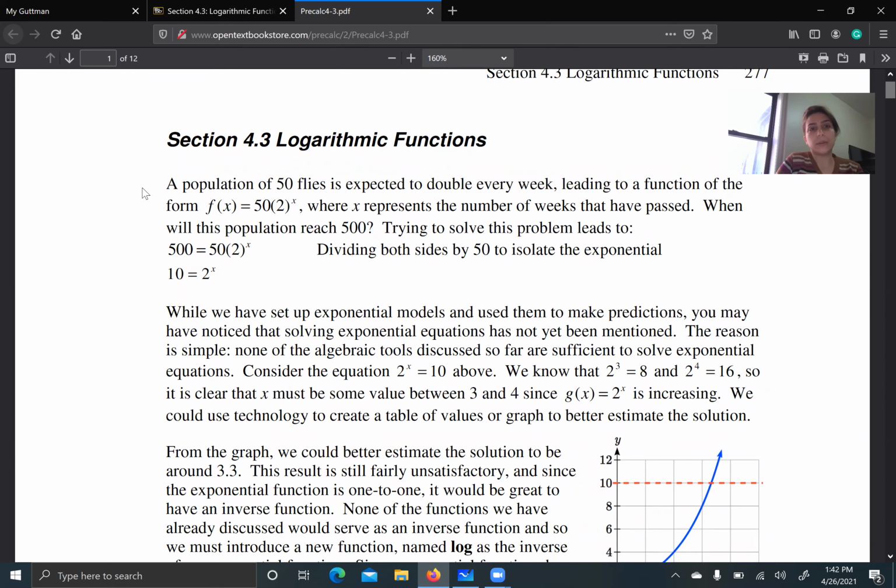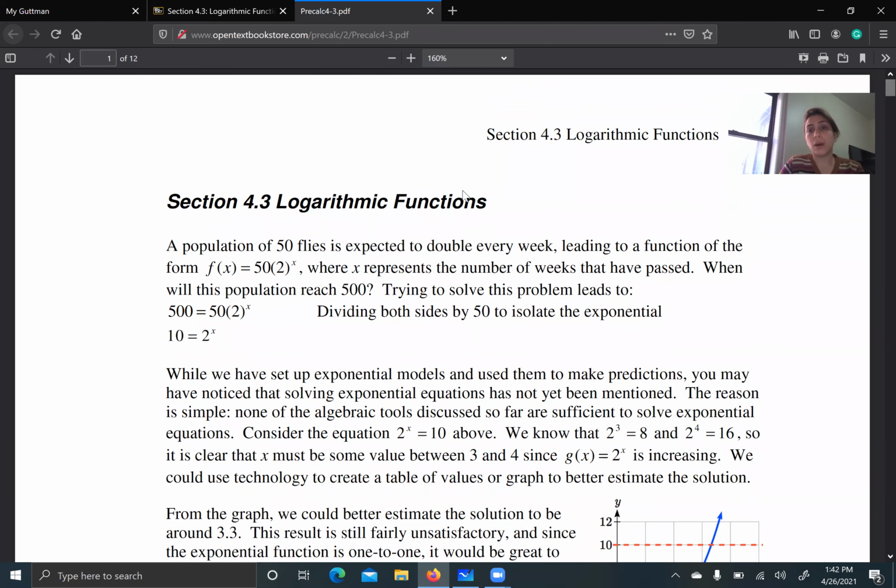In this scenario, the textbook describes that a population of 50 flies is expected to double every week, leading to a function of this format. So what is this format? 50 times 2 to the power of x. We learned that this is an exponential function, where in this case, x represents the number of weeks that have passed.